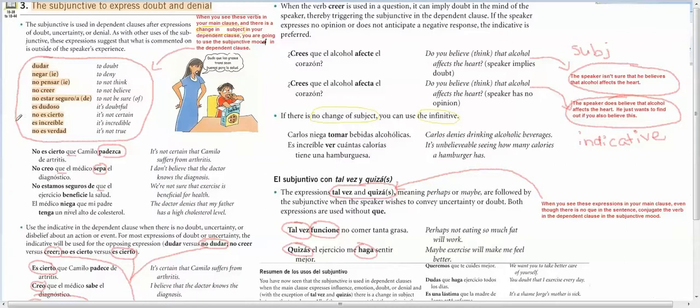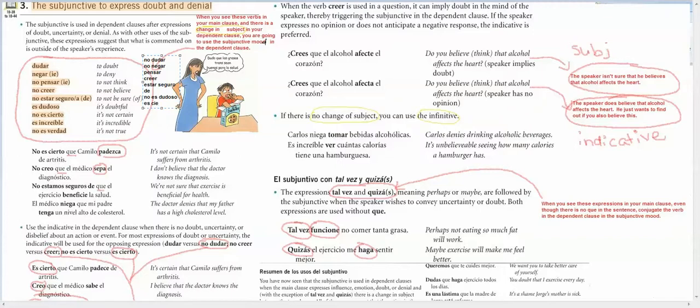they would all use the subjunctive mood, but if you have the opposite of them, if you had no dudar, no negar, pensar, creer, estar seguro de, no es dudoso, es cierto, no es increíble, and es verdad.